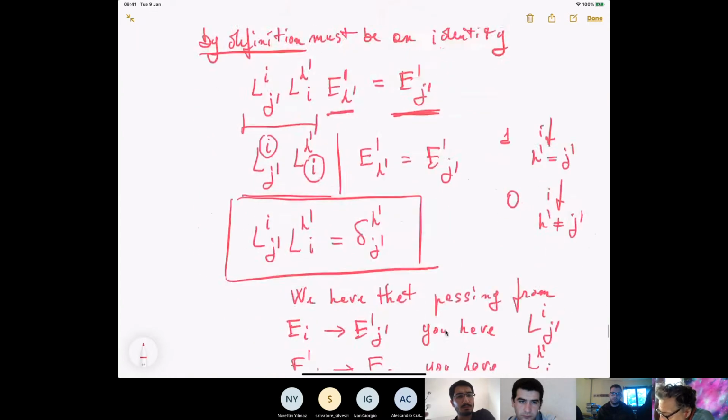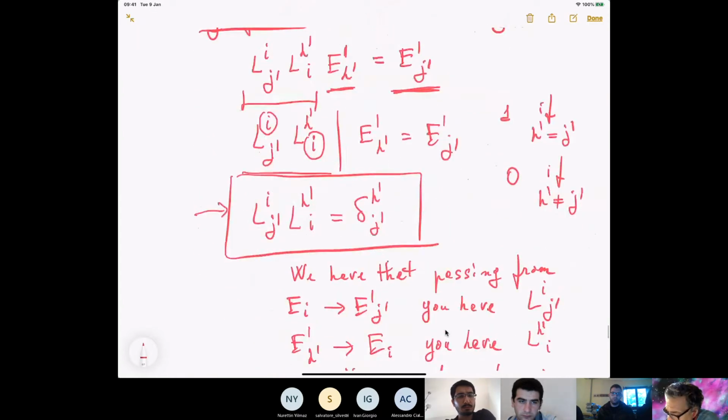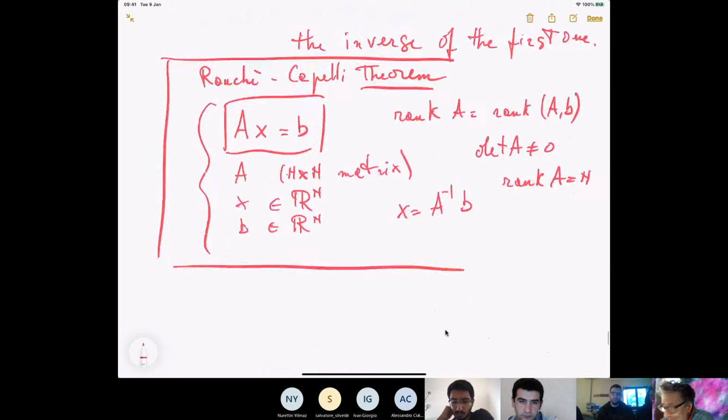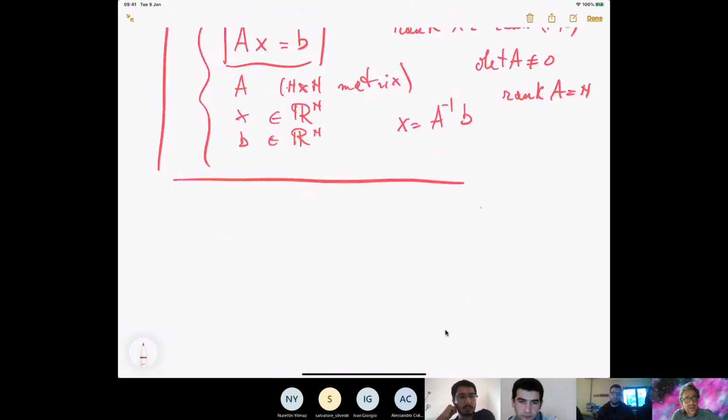But in a sense, we have proven that it has an inverse because we have written this equation. And we know that there are different bases in our vector space. Okay, so here I am running a little bit, but you must learn how to fill the gaps in my presentation, finding the details.